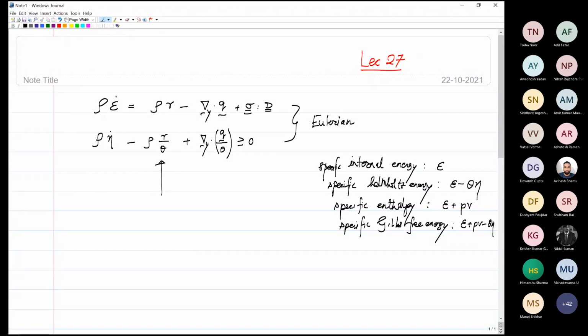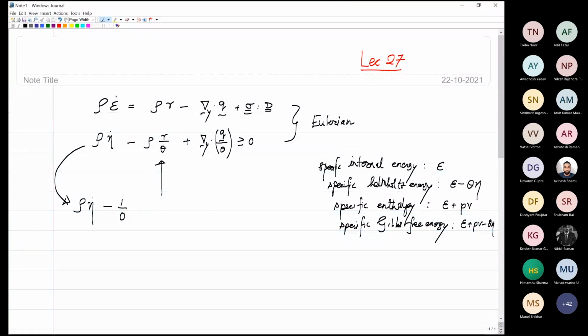So let me first of all, in the second law, try to eliminate this rho r by theta. That we can do using the first law. Substitute the first law here. From the first law, we have rho eta dot minus 1 by theta times rho r.